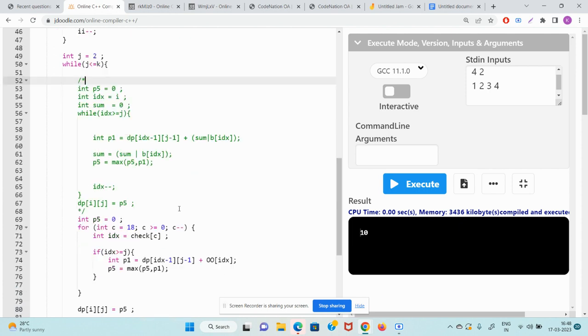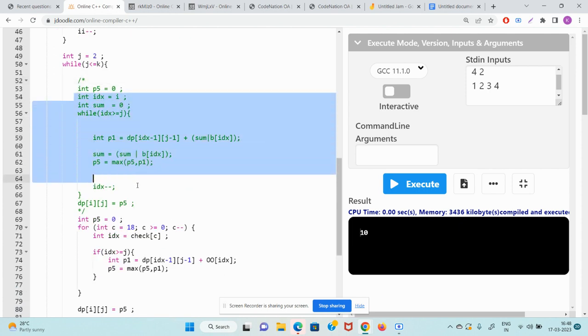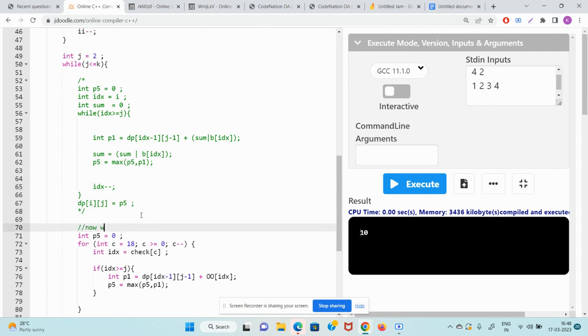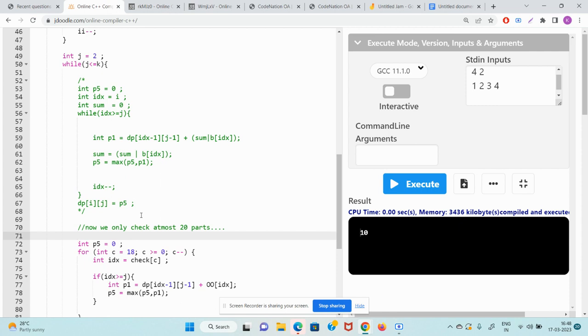Earlier we were trying all the paths. Now we only check at most 20 paths. I go from 0 to 18 and find the recent index where it got illuminated.